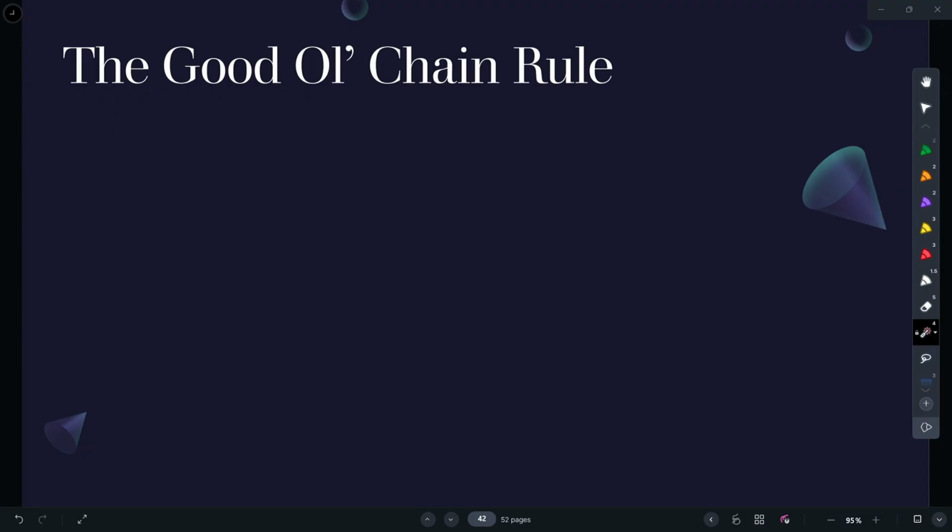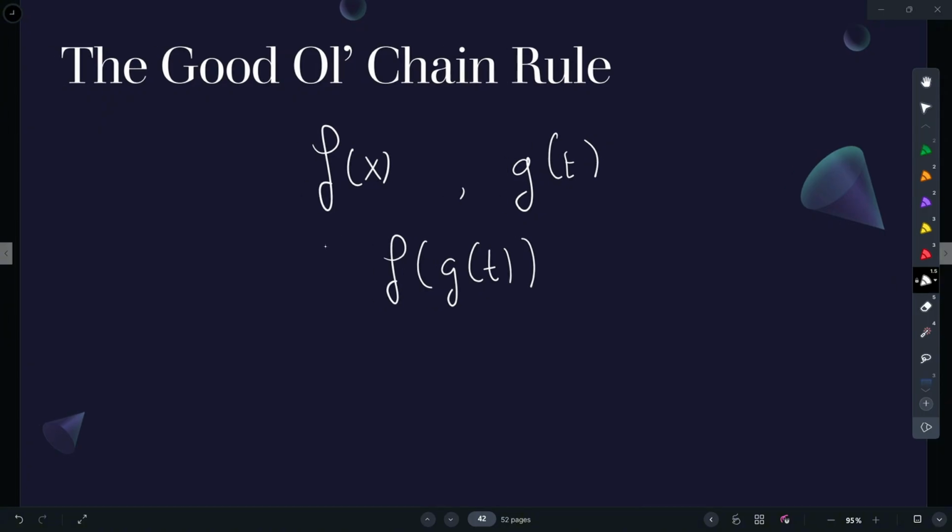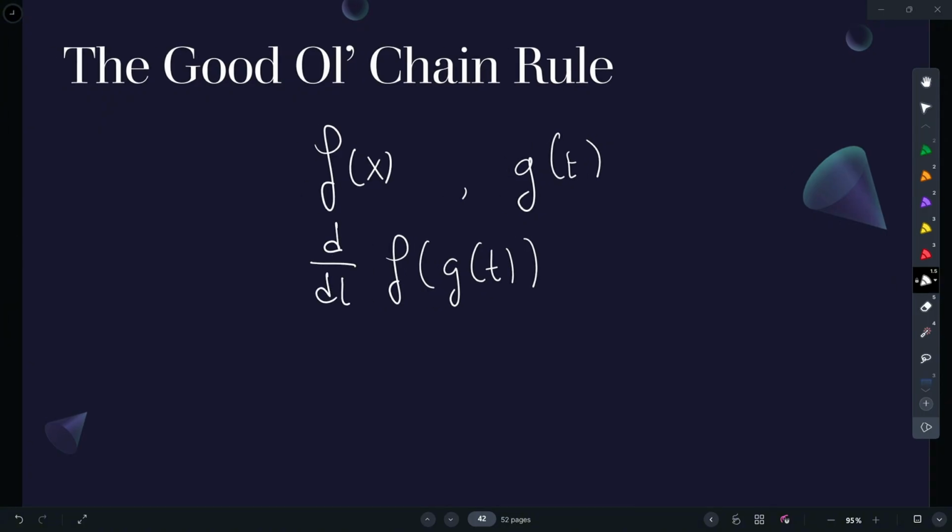So just to remind you, again, if I have a function f of x and then a function g of t, then f of g of t, I can take the derivative with respect to t, and the derivative here is the derivative of f evaluated at g of t times the derivative of g of t.